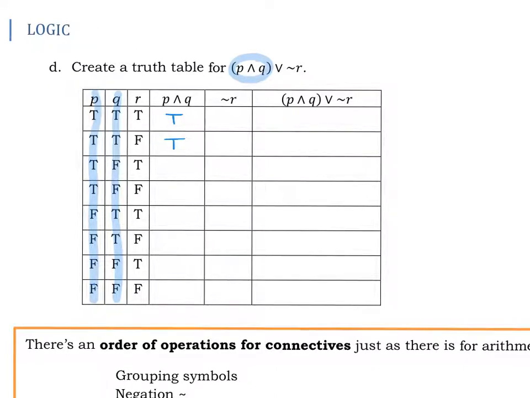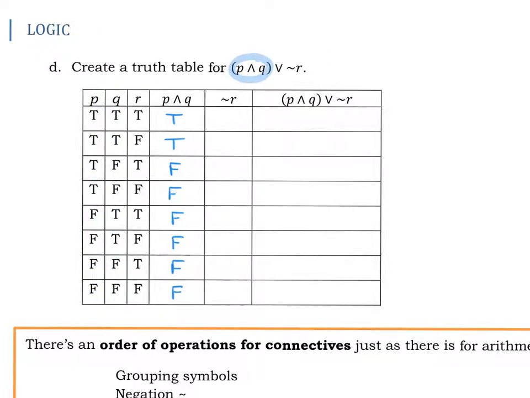And then as I look down the rest of the way, I see that there is not a single place where I have the combination true, true again. So all of these remaining values are false.